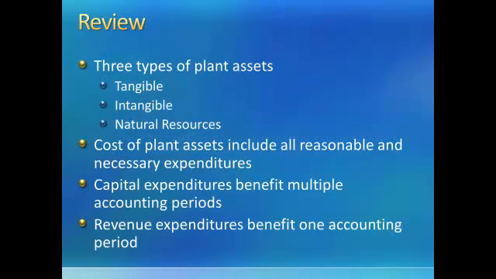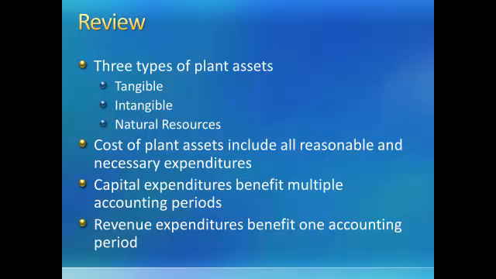In review, there are 3 types of plant assets: tangible, intangible, and natural resources. Tangible assets are distinguished by having physical substance and benefiting multiple accounting periods. Intangible assets lack physical substance but also benefit multiple accounting periods.